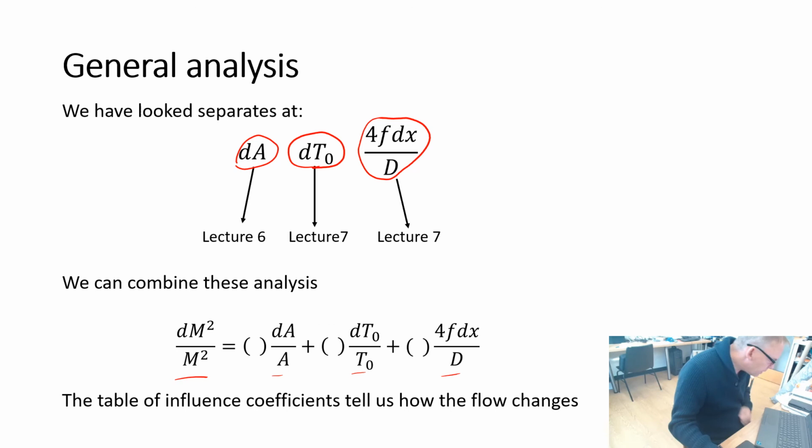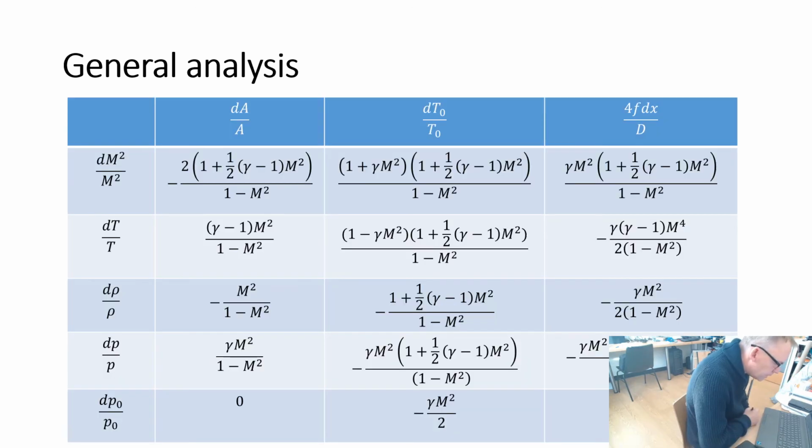And these coefficients are essentially given in a table of what we call influence coefficients, which can allow you to reconstruct a very simple one-dimensional, unsteady description of these complex flow processes that occur in ducts.